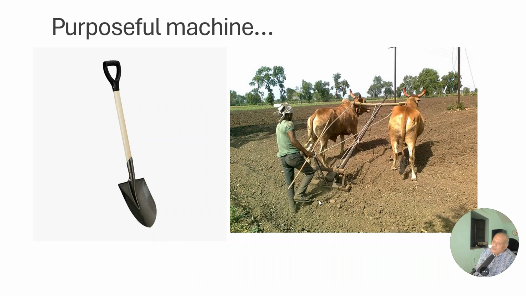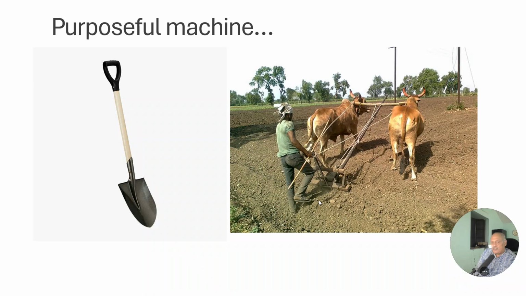One of the things which humanity does is that we have always making tools, right? We make a spade, we make a plow. So we are the greatest tool users and tool makers of all animals. I mean, there are a few animals which can use some sticks and things like that, but not to the extent which humans can do.